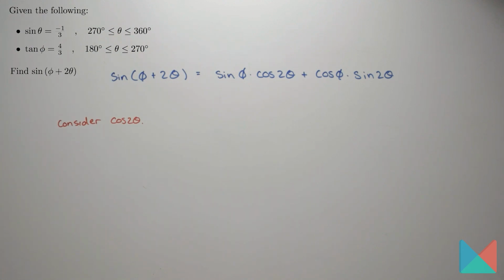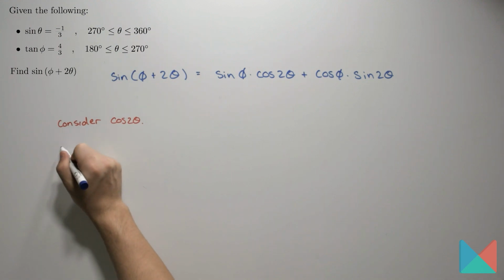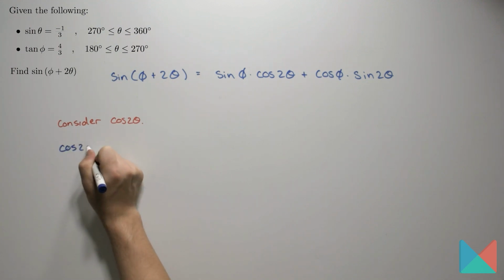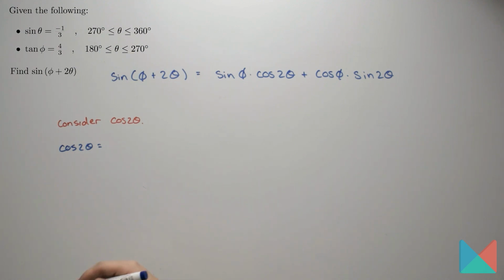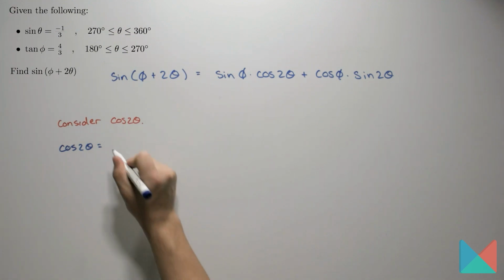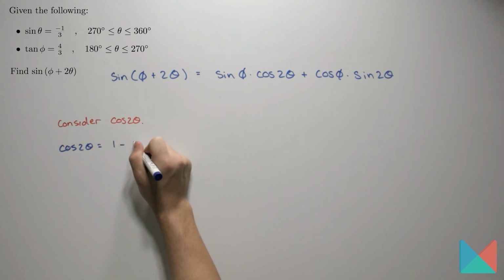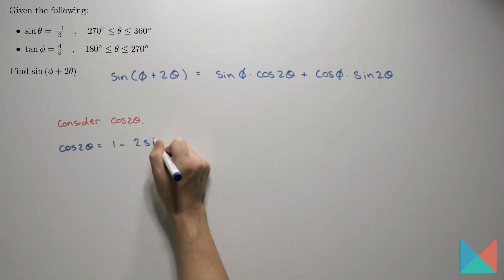And we know from one of our previous questions that cos of 2 theta is equal to, well, we can choose one of 3 different variations, but because our question has sine of theta given to us, let's get our result in terms of sine, and that will be 1 take 2 sine squared theta.